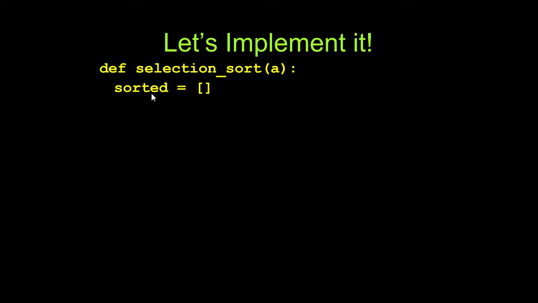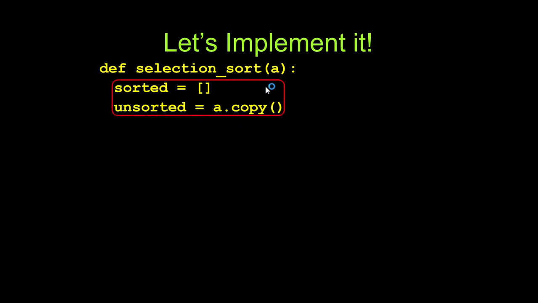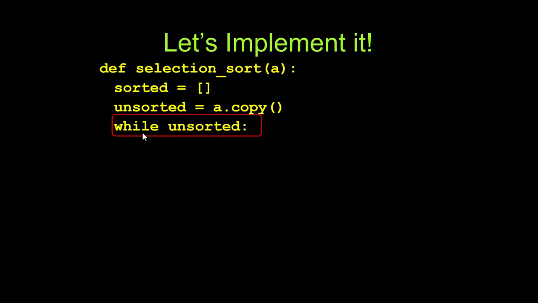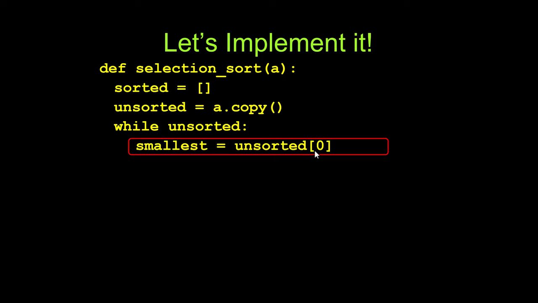Here is the Python code. We define the function selection sort, wanting to sort A, the list. We define the sorted as an empty list, and unsorted to be a copy of the input so that we do not destroy the input. Then we go through the unsorted list, which originally is the input A, until it is empty. We take the smallest so far as the very first one in the unsorted list.